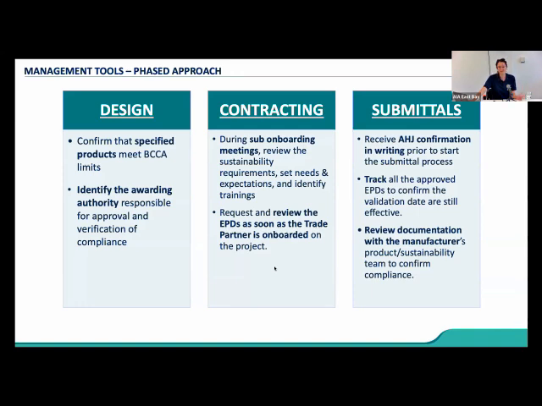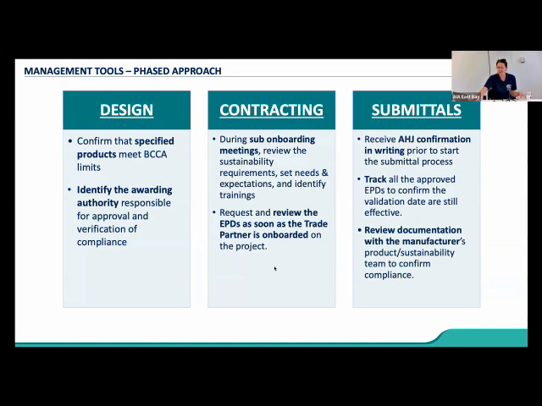That's a little different for performance-based things like structural steel or rebar, where the architect really doesn't care what it looks like or what material you choose as long as it meets performance requirements. The onus is truly on the general contractor to make sure they're staying below the threshold. But for any specified products like mineral insulation, make sure that it's below the threshold as an architect.